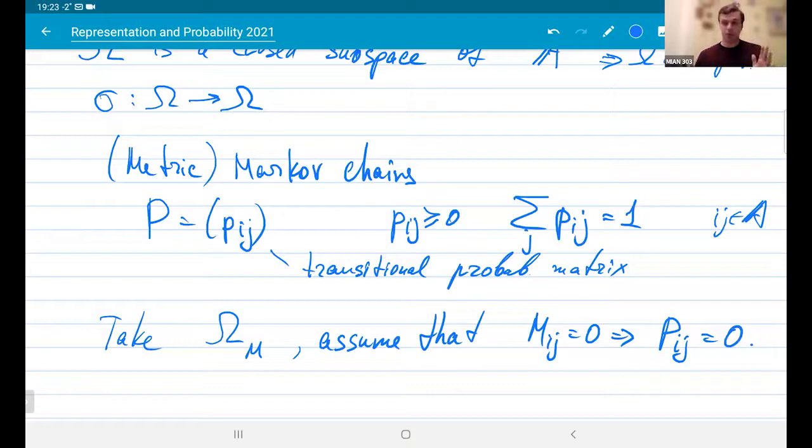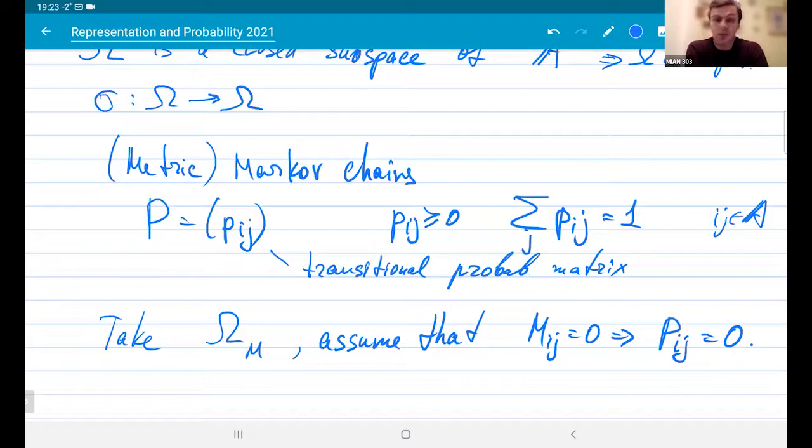So we can do this in both directions. One way, we consider a topological Markov chain. Then we choose any transition probability matrix such that if at some position M_ij we have 0, then we have 0 even in this transition probability matrix.